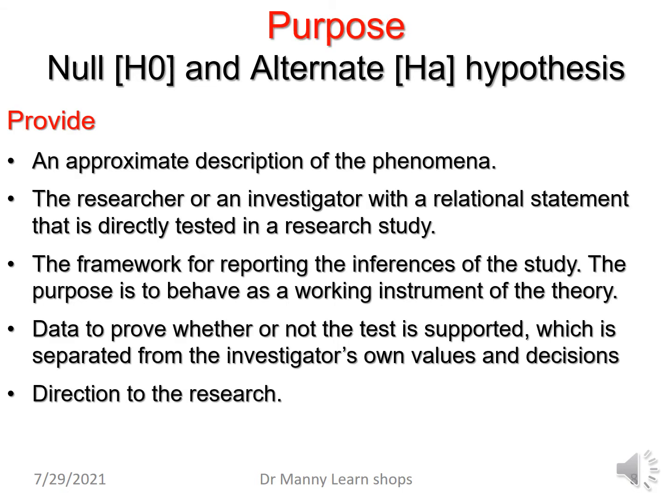Now, the purpose of the null hypothesis and the alternative hypothesis is to provide an approximate description of the phenomena for the researcher, with a relational statement that can be directly tested in the research study. The framework for reporting the inferences of the study: the purpose is to behave as a working instrument of the theory. The data is to prove whether or not the test is supported, which is separated from the researcher's own values and decisions. It directs the research.